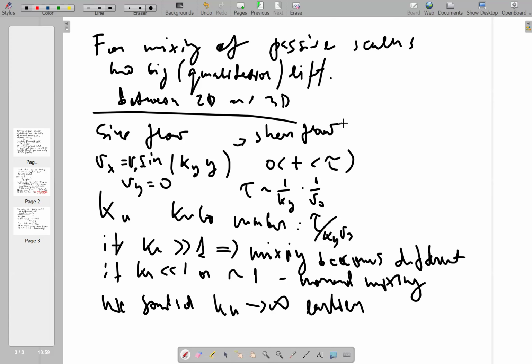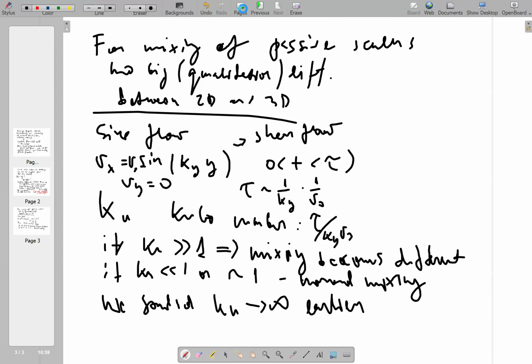But on the other hand, we also want to have isotropy. So one sine flow won't do, because a sine flow stretches only along y. So in order to have isotropy, we need to switch randomly between different sine flows.